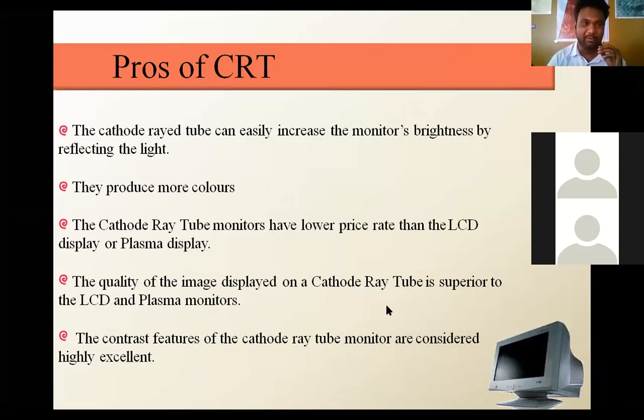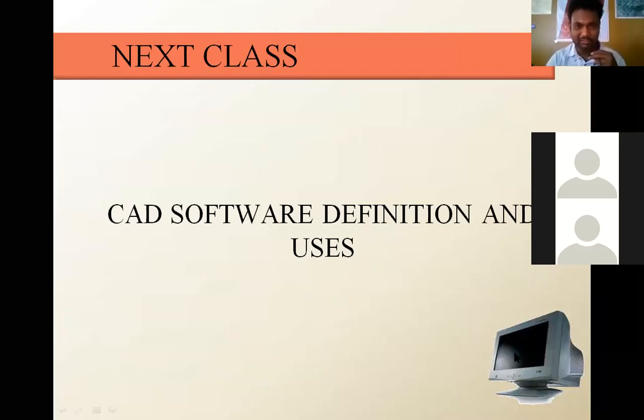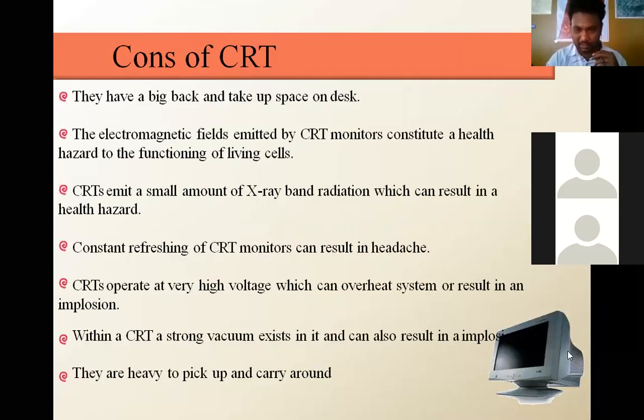If you talk about the demerits of the CRT, they have a big back and take up space on the desk. If you look at the CRT monitor, the entire system is covered, so it has some extra big back.